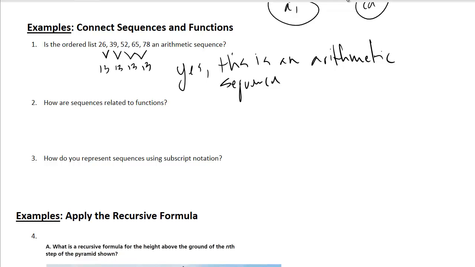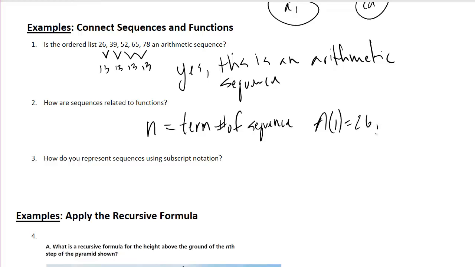And how are these related to functions? Well, we have n, the term number of the sequence, and then you have essentially this input. So we take some arithmetic sequence to the n term. In this case, as you look up above, a sub 1 is equal to 26.